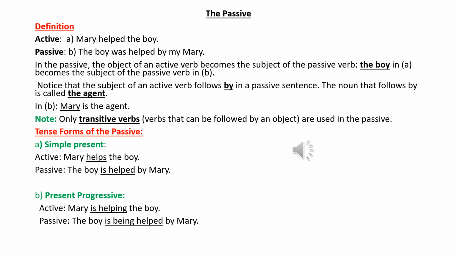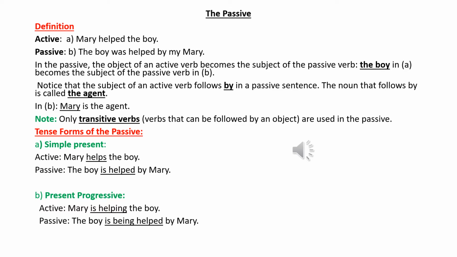Consider the following examples. Mary helped the boy. The passive voice is the boy was helped by Mary. Remember that in the passive, the object of an active verb becomes the subject of the passive verb.